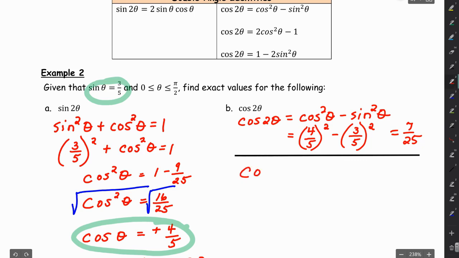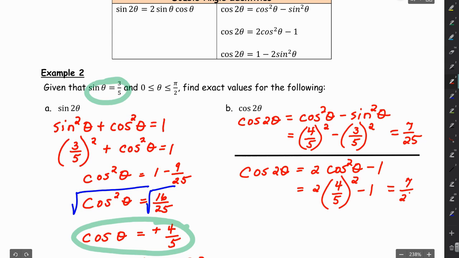We could also use the cosine of 2 theta is equal to 2 cosine squared theta minus 1. Fill that in. Cosine of theta is 4/5, squared, minus 1. When we solve that out, we'll get 7 over 25. Don't believe me?